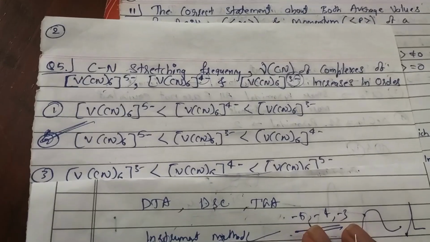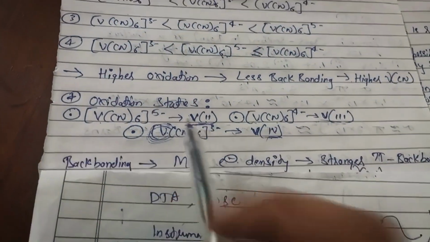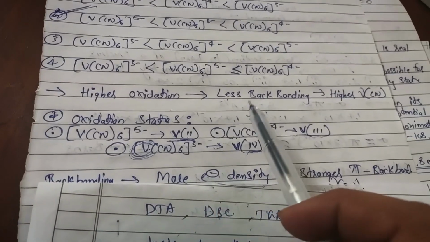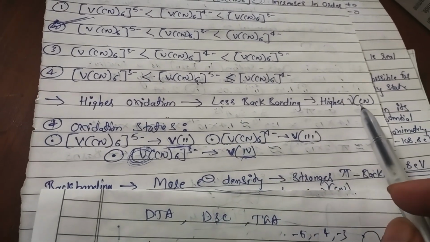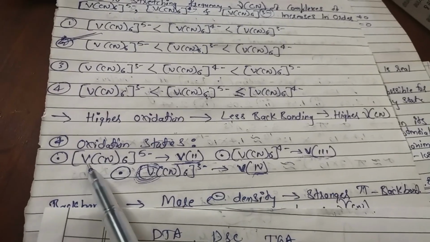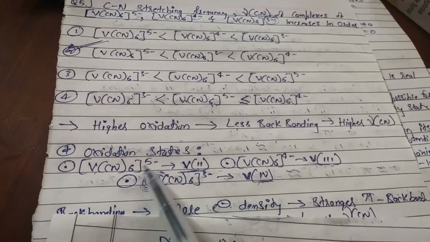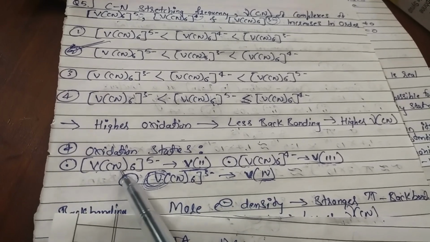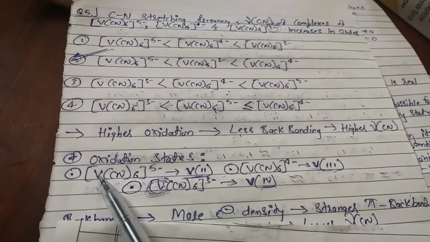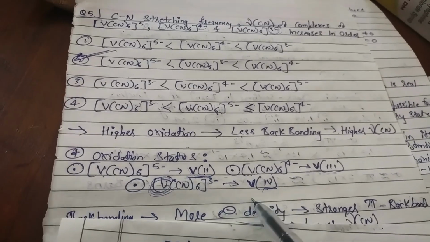Now see here: higher oxidation number, less back bonding, hence higher frequency of cyanide. Here there will be vanadium 2 plus, vanadium 3 plus, and vanadium 4 plus.